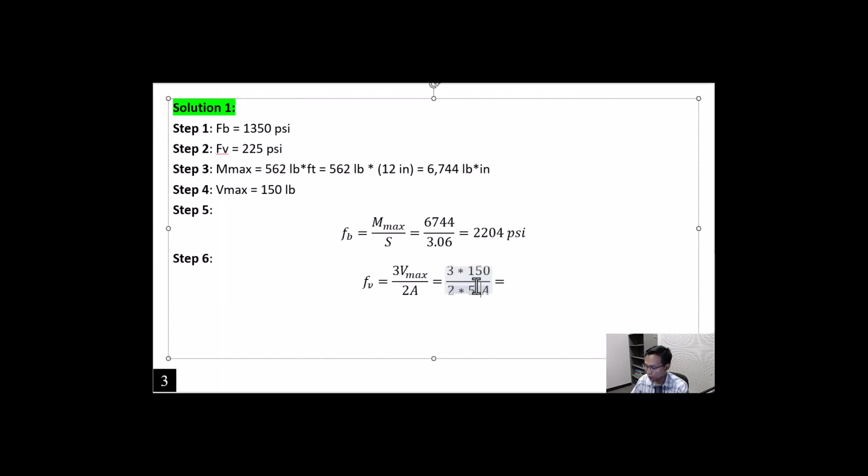Multiply 5.25, and this one is square inch, this one is pound. Finally, we're gonna have 3 multiplied by 150 divided by 2 divided by 5.25. So we're gonna have 42.86 psi.